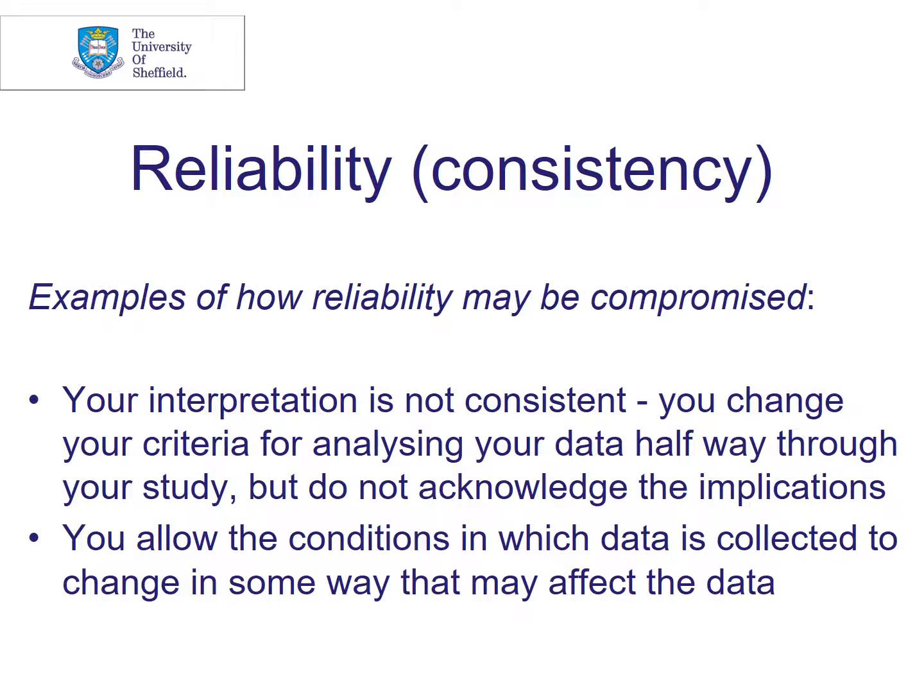And suppose that you do that because you have good reasons. Actually, you proved that with the new approach the response rate is better, the quality of the responses is better, but you don't acknowledge it in your methodology, in your discussion, in the dissertation. Basically you just made your results invalid, unreliable. So make sure that every change, as I was saying before, is recorded.